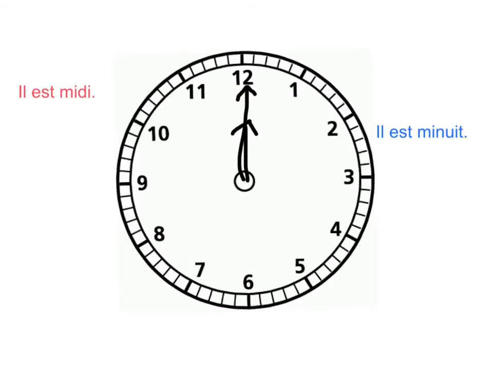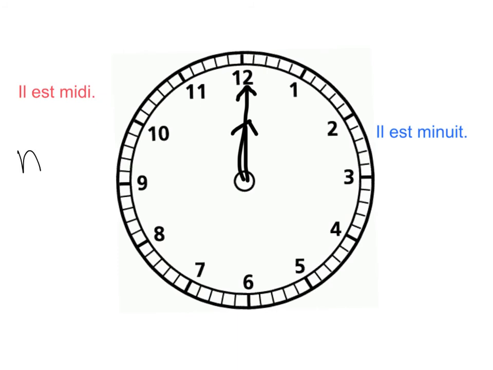One last bit of information, then I promise we'll wrap this up. Okay, this is a long video and I understand that. In order to say noon and midnight, they have specific words for noon and midnight, just like we do. So if you want to say that it's noon, you say il est midi. Okay, kind of looks like midday, midi, midi. So that's noon.